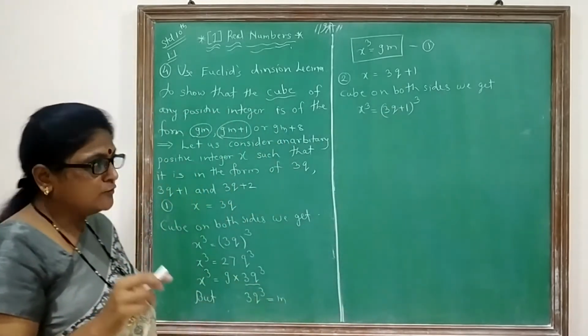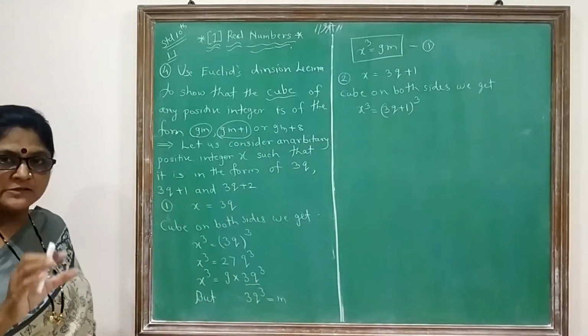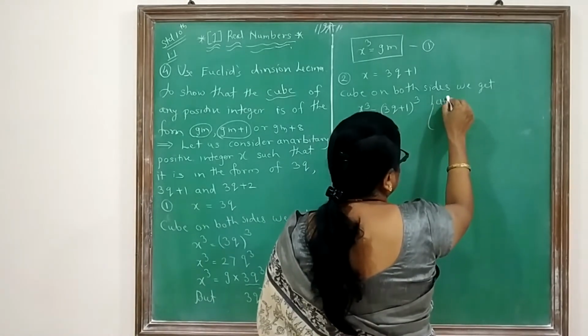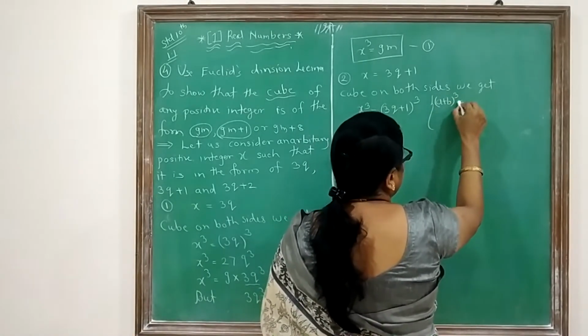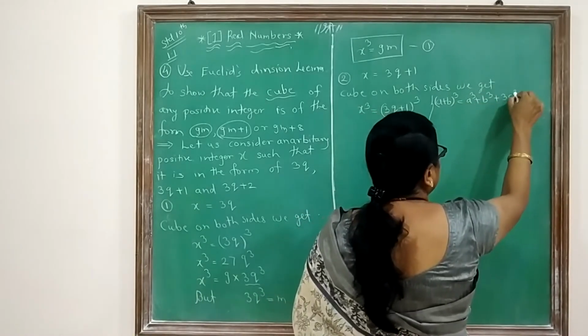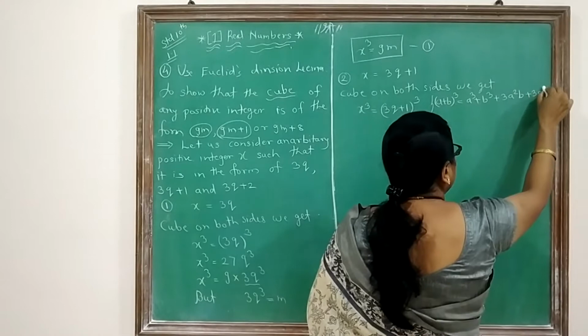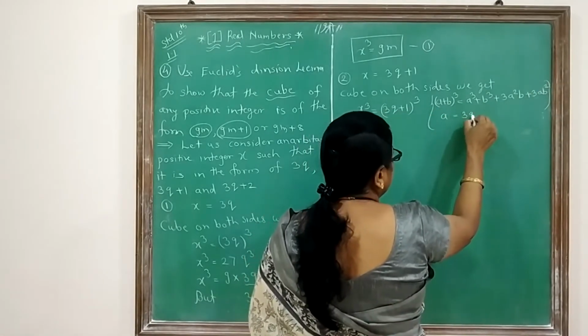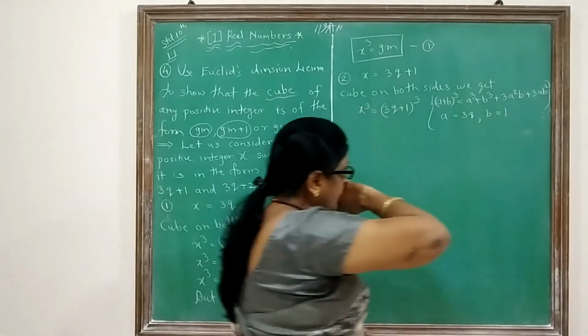And here you will use which formula? A plus b whole bracket cube. First write the formula: a plus b whole bracket cube equal to a cube plus b cube plus 3a square b plus 3ab square. And you will put a equal to 3q and b equal to 1.